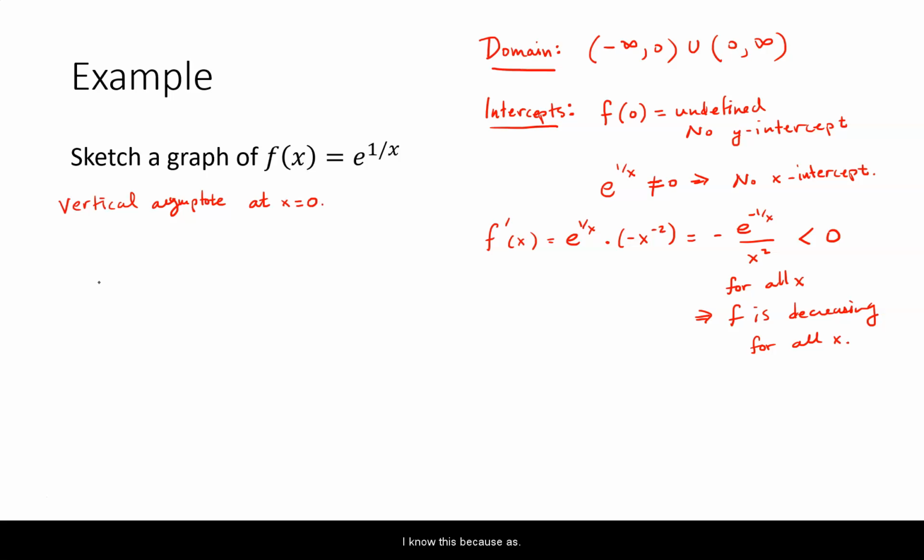And I know this because as x approaches 0 from the right, 1 over x will be going to infinity, which means that e to the 1 over x will also go to infinity.